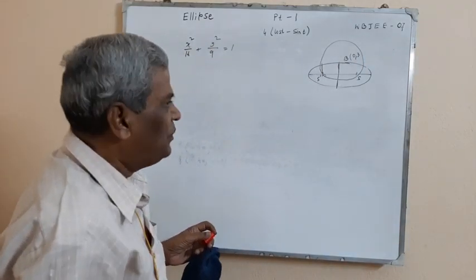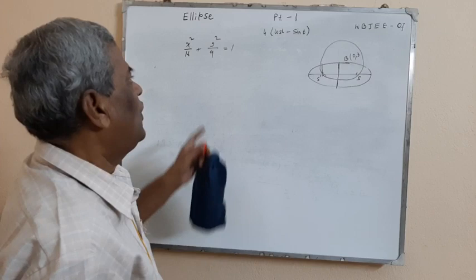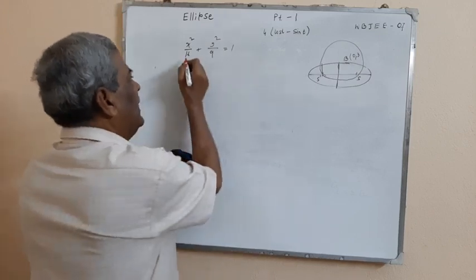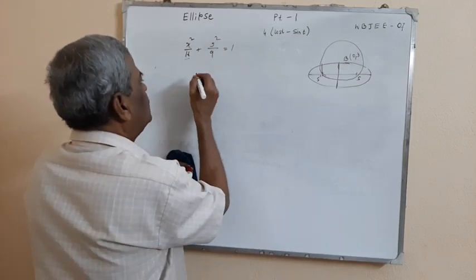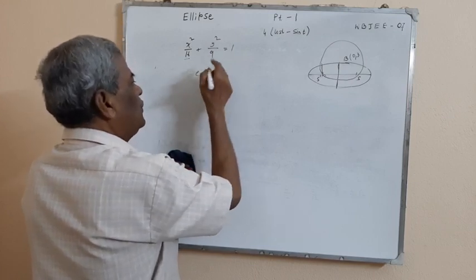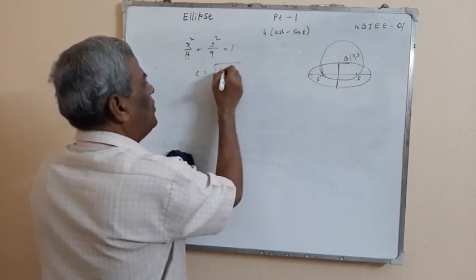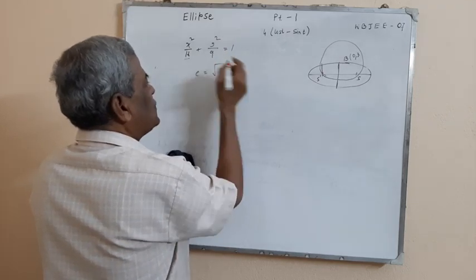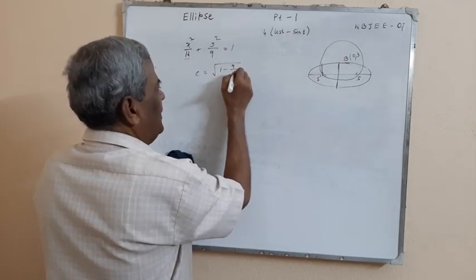And first find the focus of the ellipse. This is greater than that. So e is equal to root over 1 minus b square by a square, 9 by 16.